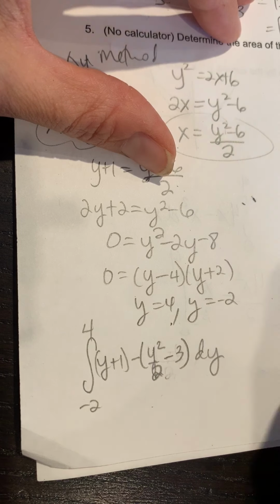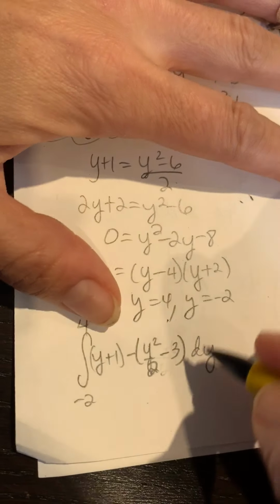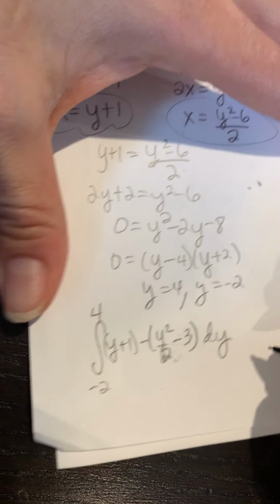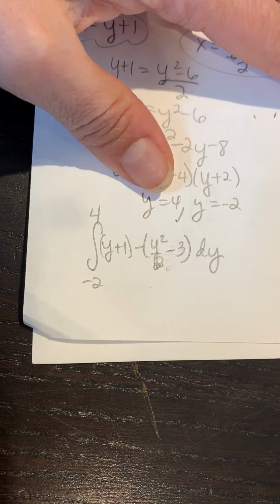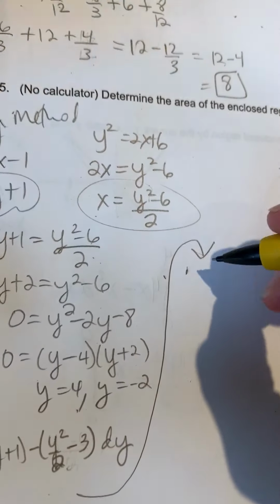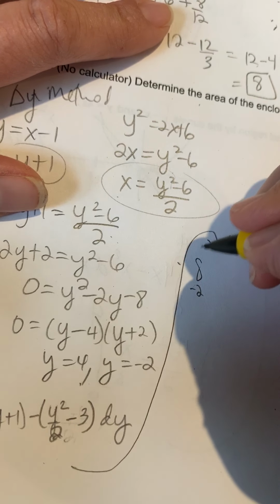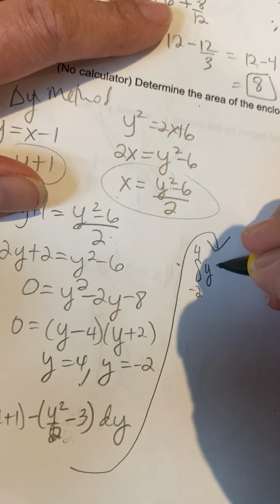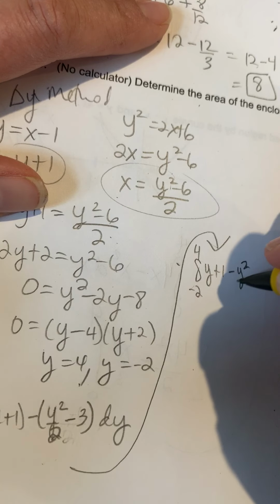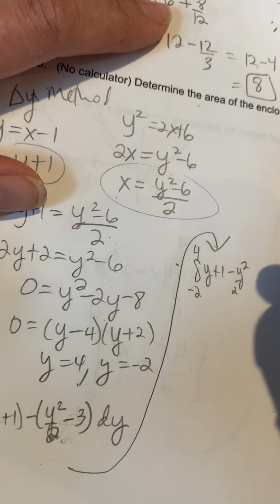Okay, so now I got to get the antiderivative, but before I do, I'm going to simplify this. This simplifies to the integral from -2 to 4 of y plus 1, minus y squared over 2, and since I'm doing minus 3, that would be plus 3.